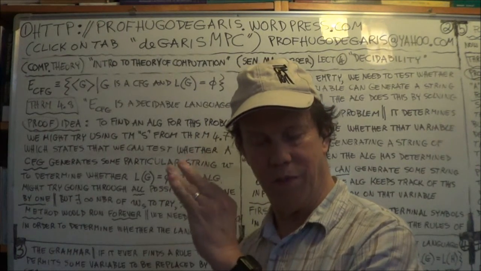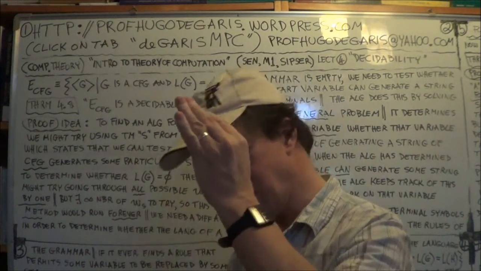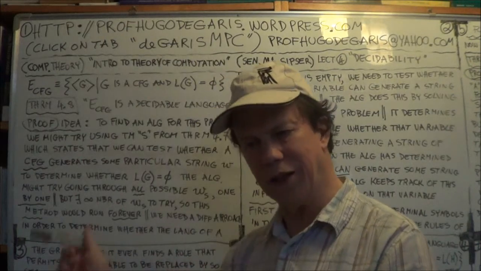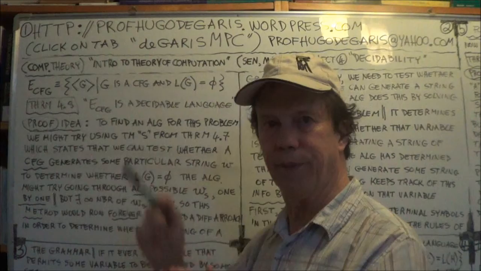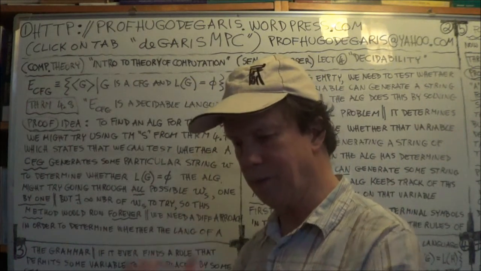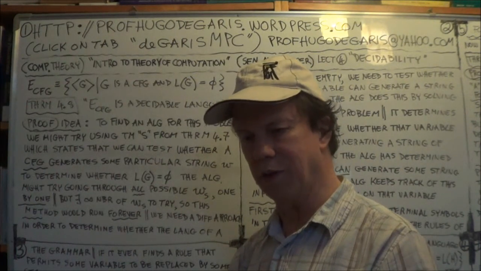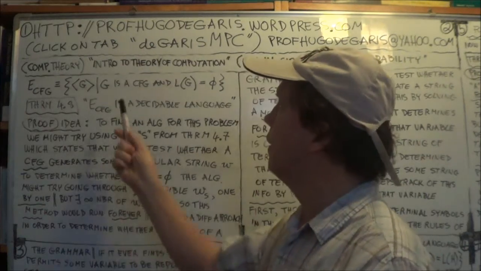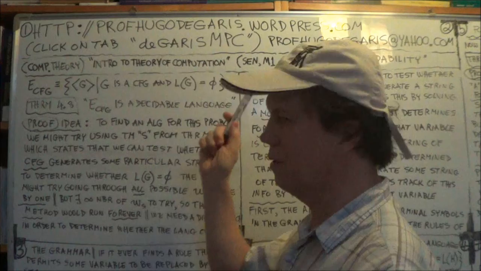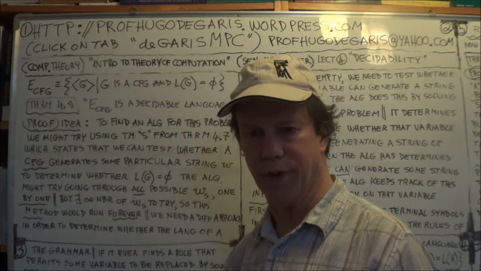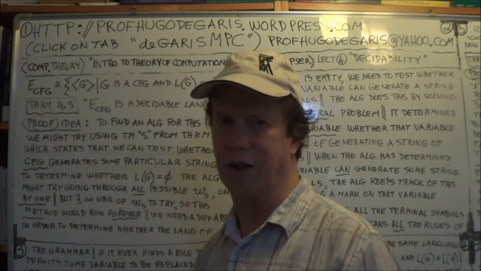The Turing machine decides. It takes a string and uses the grammar, and it accepts or rejects. In other words, it decides whether this G generates no strings or the opposite, so it generates at least one string.